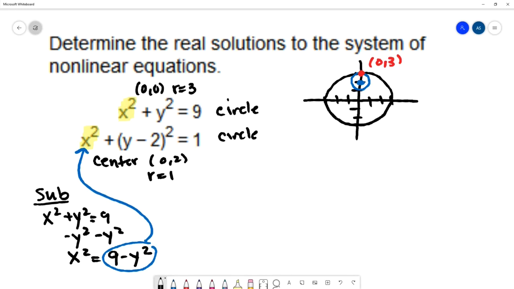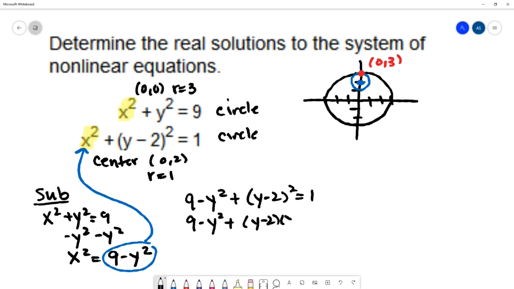That would give me 9 minus y squared plus (y minus 2) squared equals 1. And I'm going to simplify by getting rid of those parentheses. 9 minus y squared plus, and this is (y minus 2) times (y minus 2), equals 1.